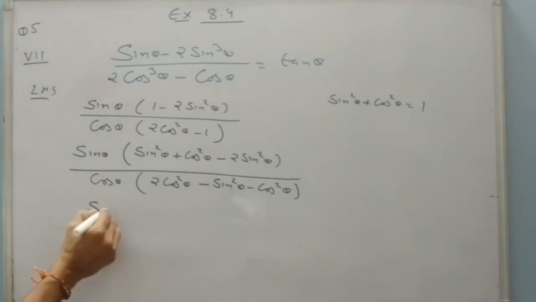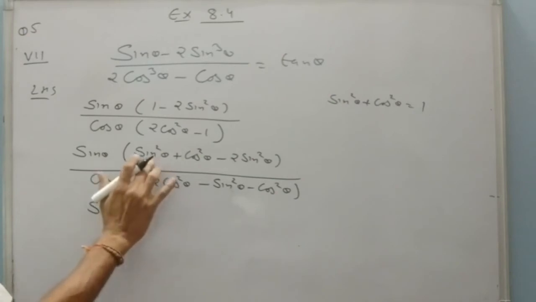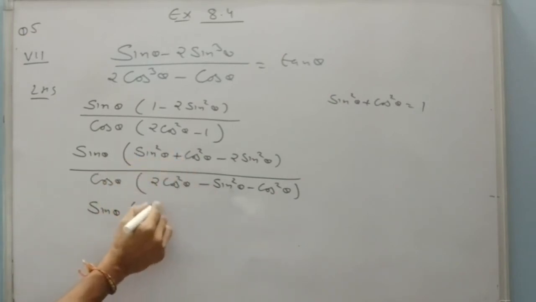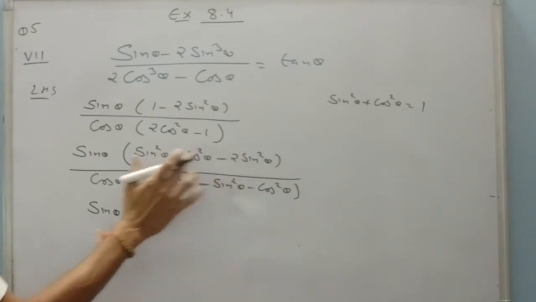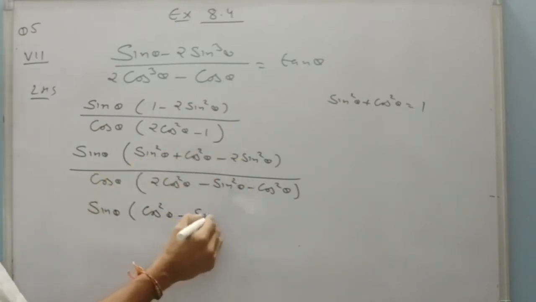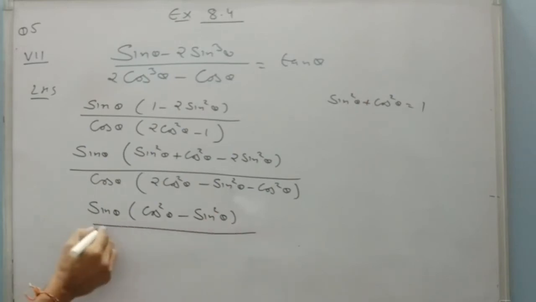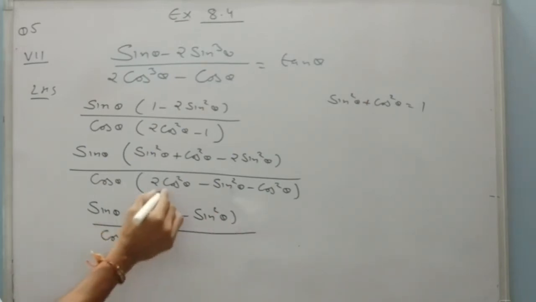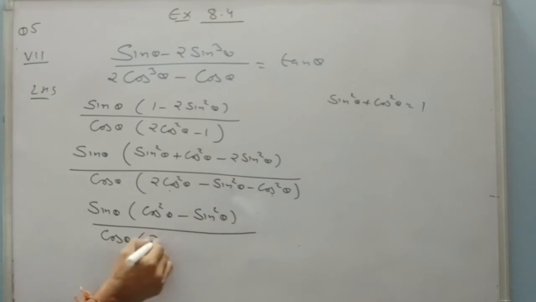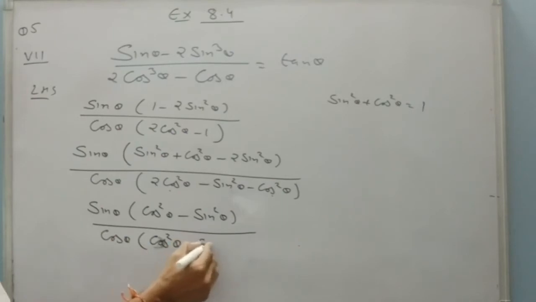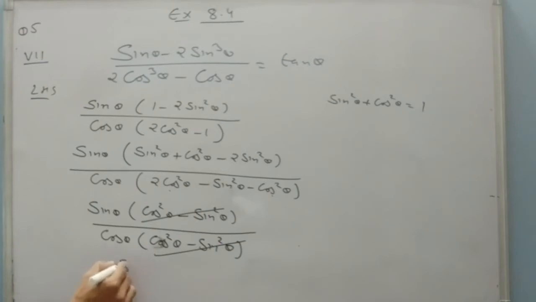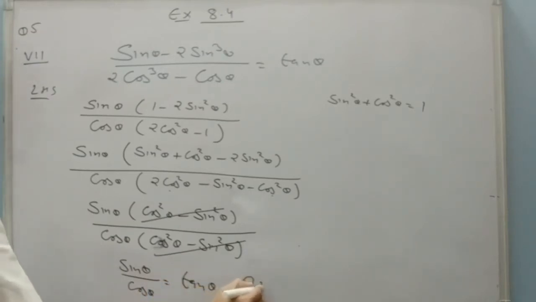Now this sine theta is as it is, cos square is as it is, positive. From minus 2 sine square, it cancels and becomes minus sine square theta. Here, from 2 cos square theta, if 1 cos goes, what will remain? Cos square theta will remain with me. This is cos square theta minus sine square theta. This whole bracket will cancel out. I just get sine upon cos, which equals tan theta, which is our right hand side.